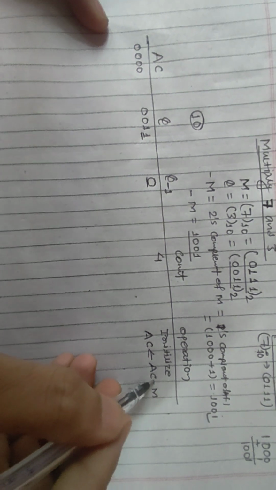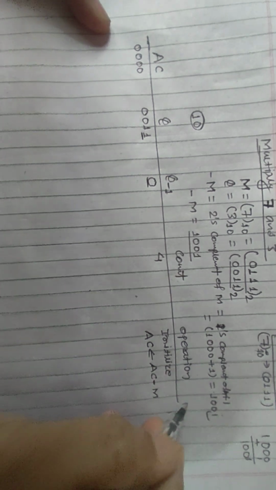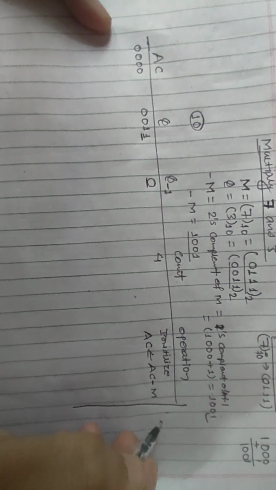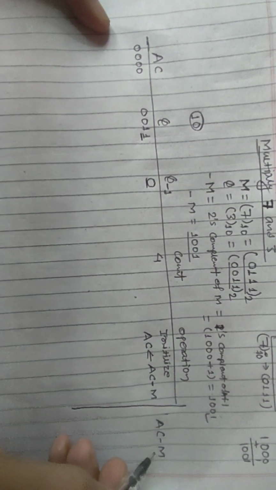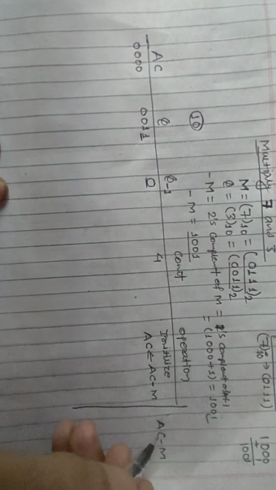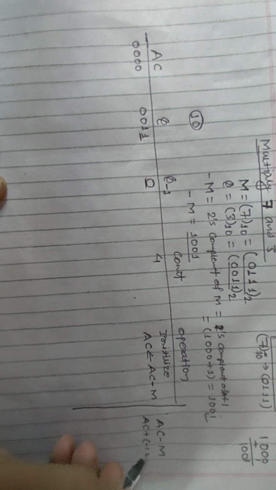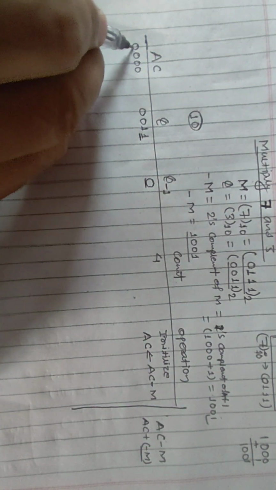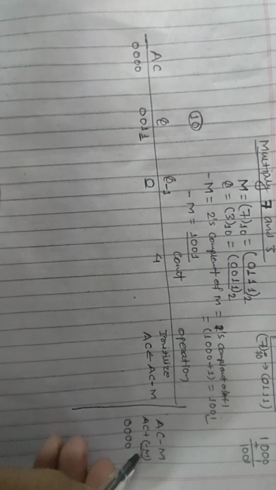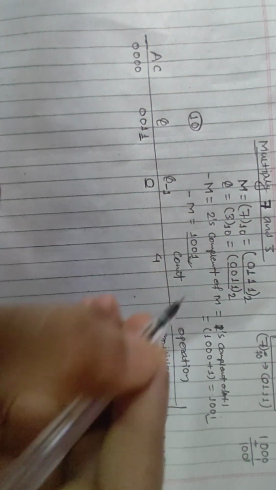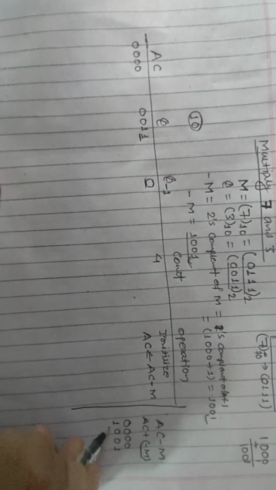So how can we subtract, AC is equal to AC minus m? Subtracting is a little bit difficult in the binary system, so what we can do is AC plus minus m. The value of AC is 0 0 0 0, and the value of minus m is 1 0 0 1.